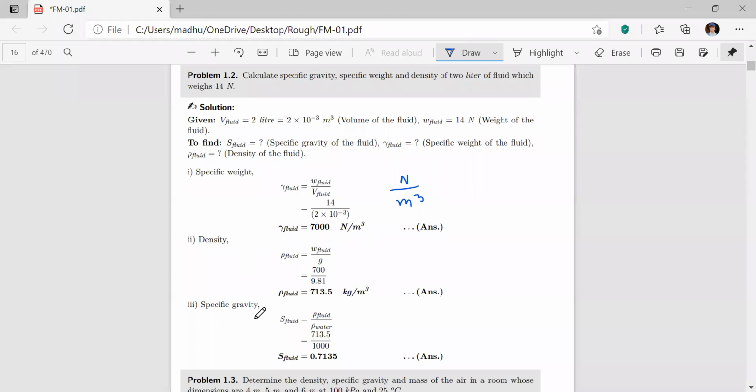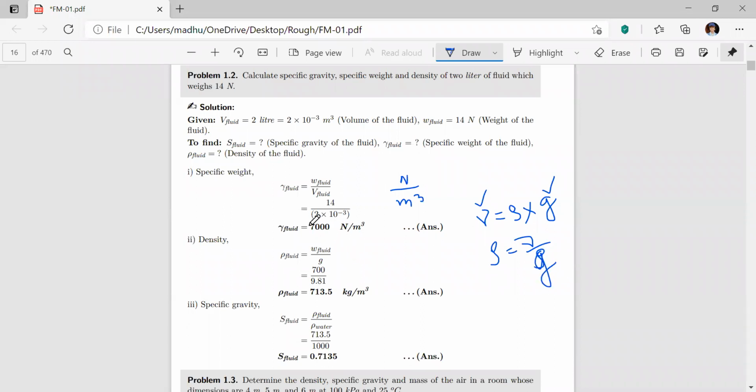Next one, density. So we know that gamma is equal to what? Rho into g, right? So we have gamma, the specific weight, and we know the value of g. Now you can find out rho. Rho is equal to this specific weight gamma by g.